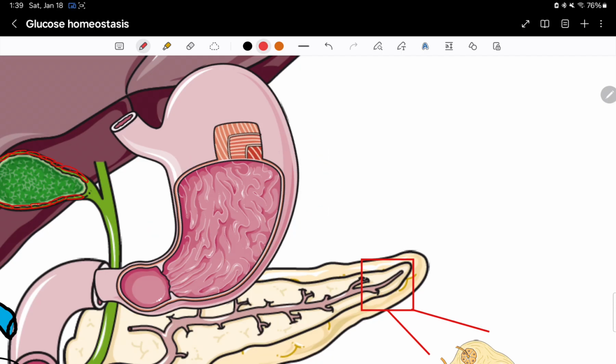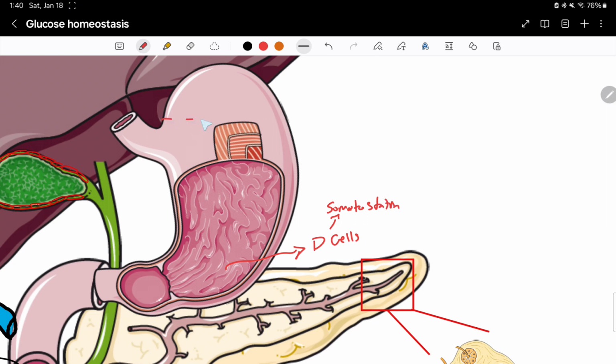So if you guys remember, in the stomach, specifically at the gastric pits found in the oxyntic mucosa, you had these D cells, and these D cells make somatostatin, okay?